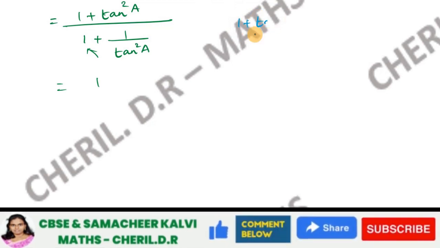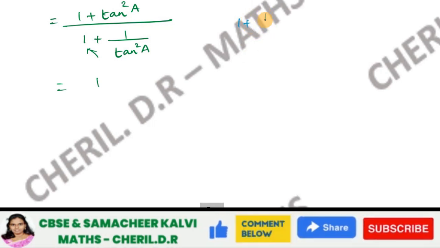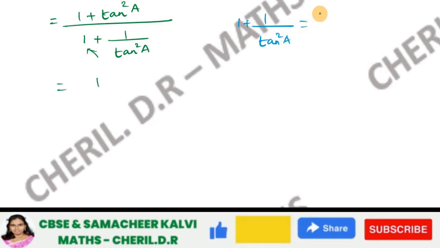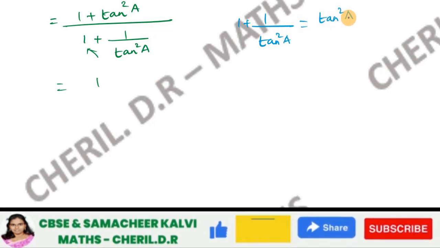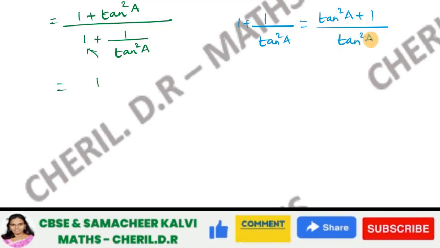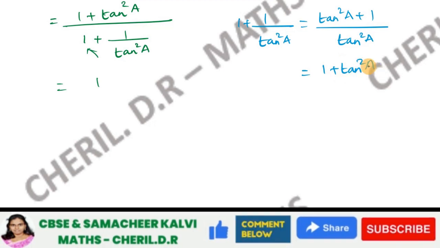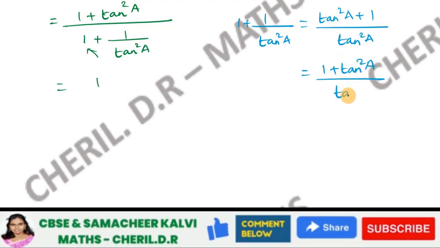I am just taking the denominator alone. 1 plus 1 by tan square A will be equal to tan square A plus 1 by tan square A. I can also write it as 1 plus tan square A divided by tan square A.